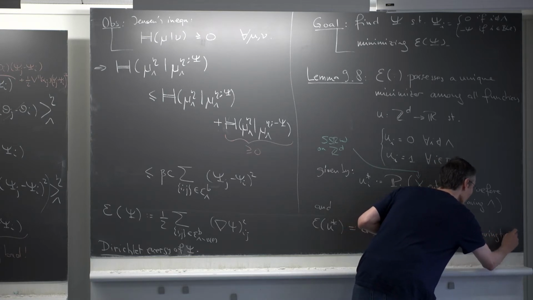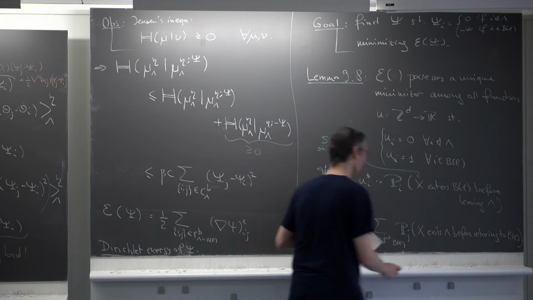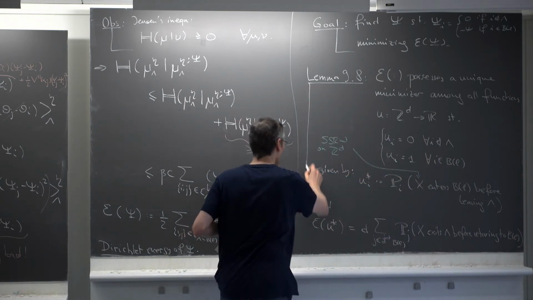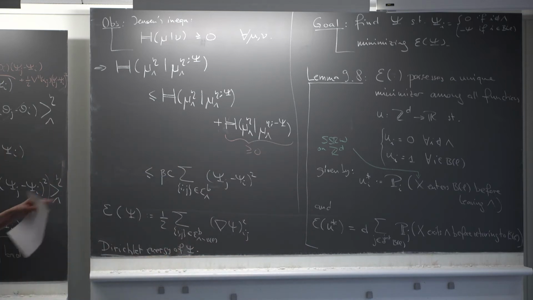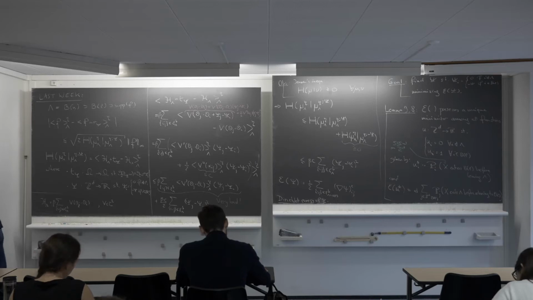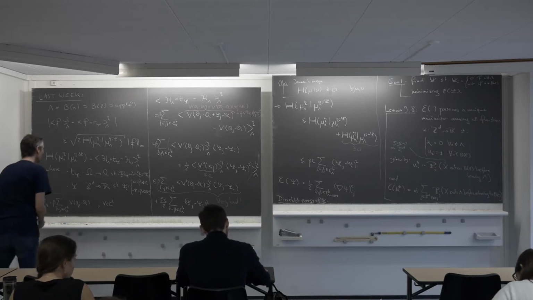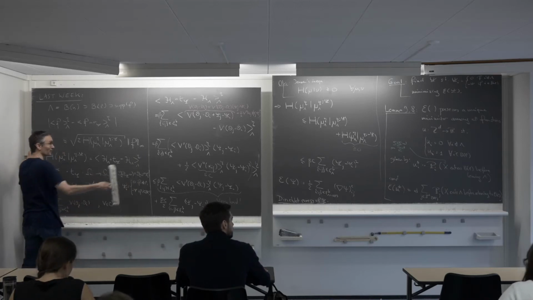Okay, so that's the lemma. We are going to prove that. It's not difficult. But I want first to use this result to see what is the conclusion for our problem. How we can conclude this Mermin-Wagner theorem using this lemma.